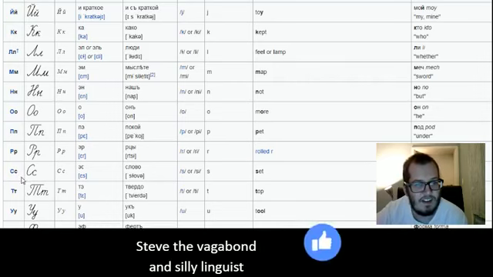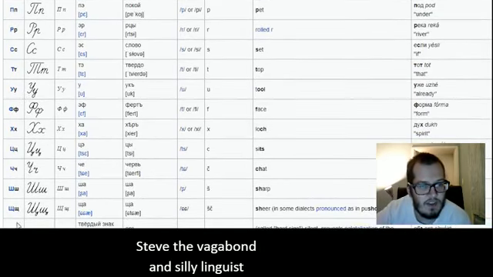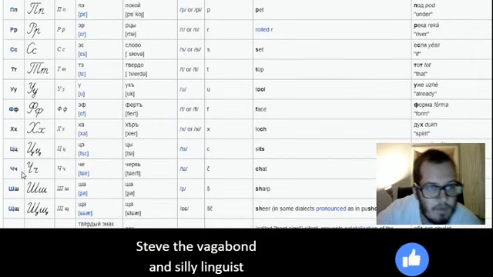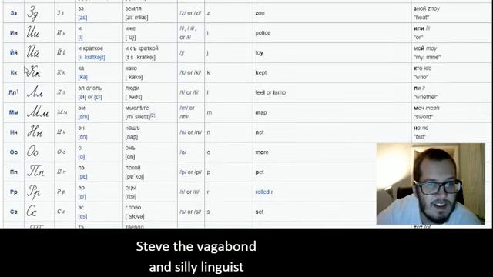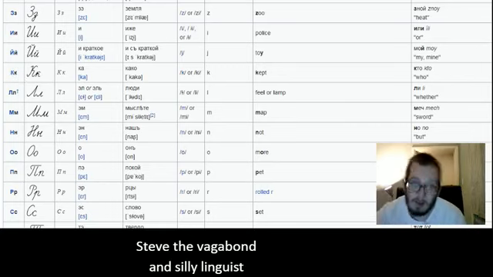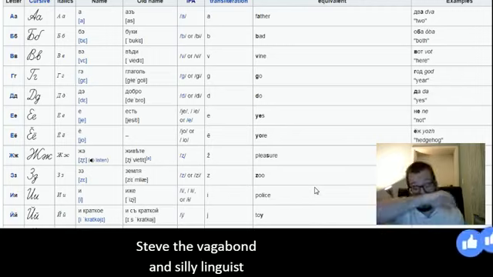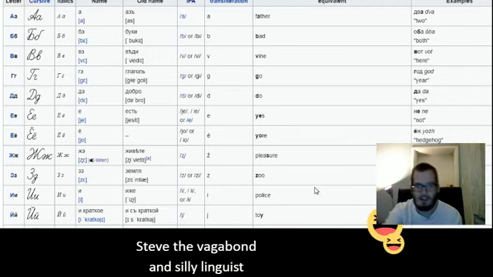That's an S sound. And we've also got an M. We've got a K. So there are some letters here that are very similar to the English equivalent. Those are the letters that evolved in a similar way to the Latin alphabet.